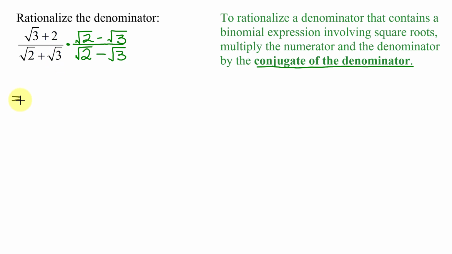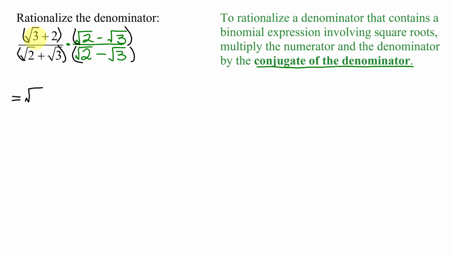So now all I have to do is simplify. I think it helps if I put these binomials in parentheses, because now I'm going to multiply across and I'm going to use FOIL. So in the numerator, my first terms are the square root of 3 times the square root of 2. Since they're both square roots, I can multiply the 2 radicands.